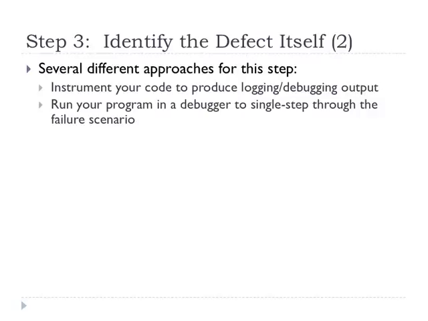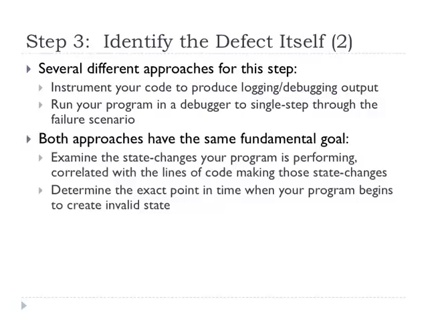We don't just do it the simple way because that's not very maintainable. But both are used widely, and they both have the same fundamental goal, which is that as the state is changing in your program, at some point it goes wonky, and you want to figure out where that point is. You saw the state change in the output go bad, and this was the line of code that was executing. So now I know where to look to see what the actual cause of this defect is.